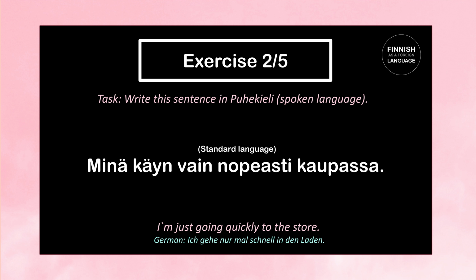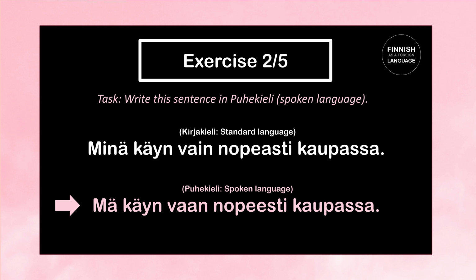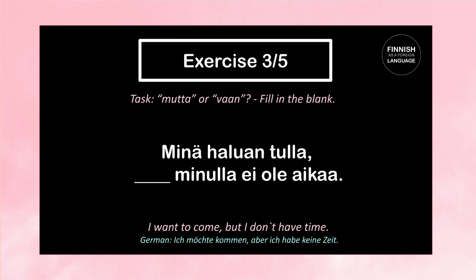Next one. Write the sentence in puhekieli. Minä käyn vain nopeasti kaupassa. That's right, it's mä käyn vaan nopeasti kaupassa. Means I'm just going quickly to the store. Next one. What do we have to fill in? Vaan or mutta?